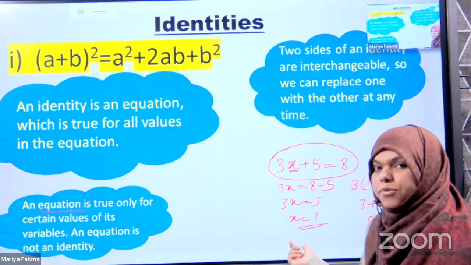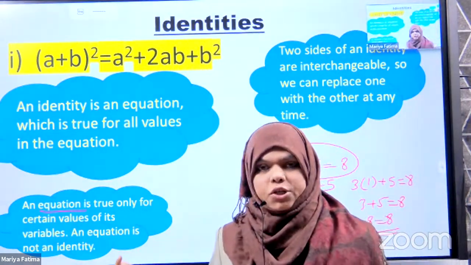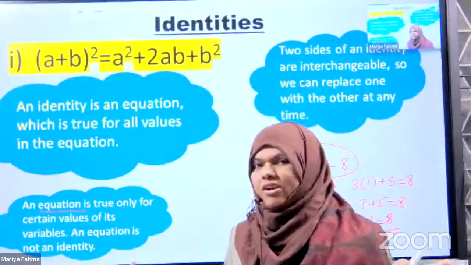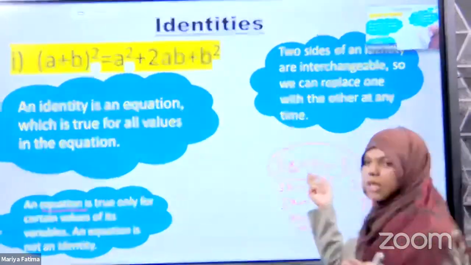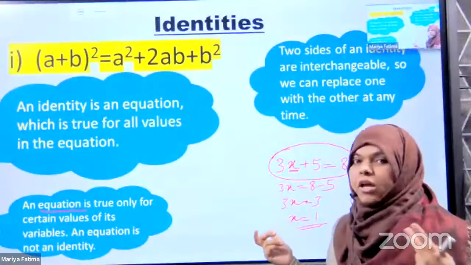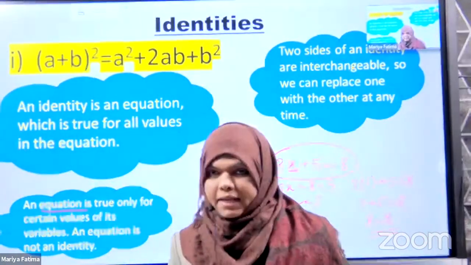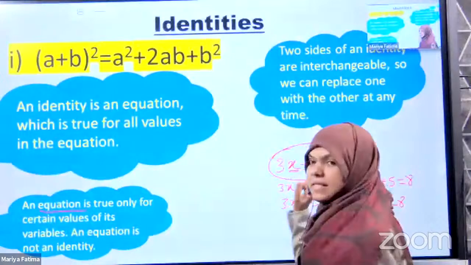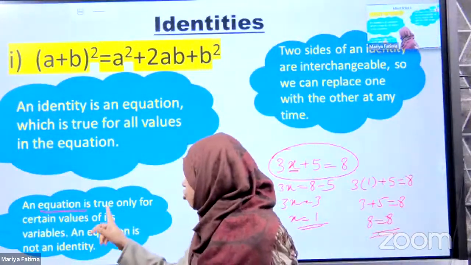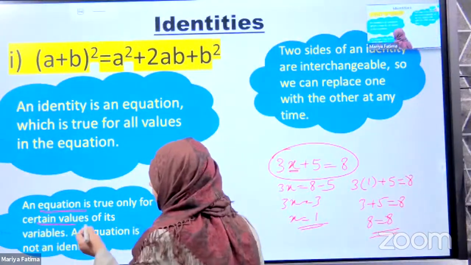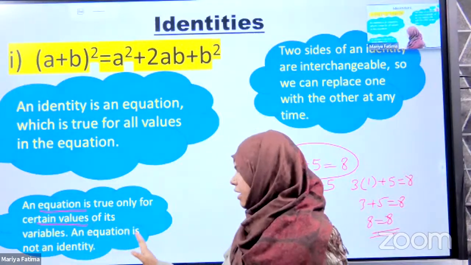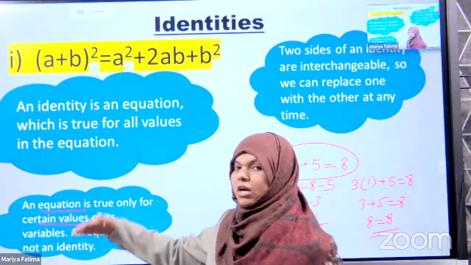We cannot substitute x as 2, 3, 4, 5, because then the equation will not be satisfied. So this is called an equation. An equation is true only for certain values of its variable. An equation is not an identity.